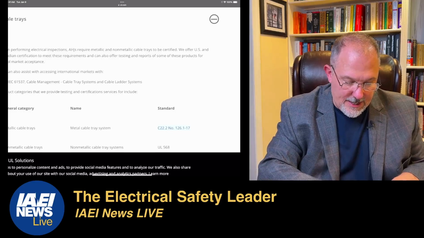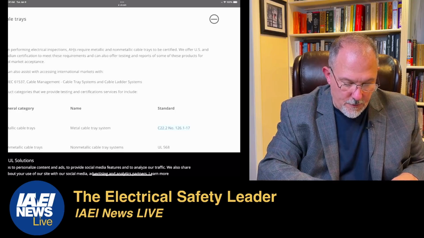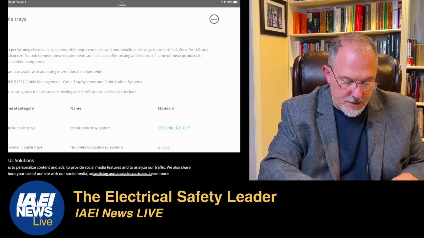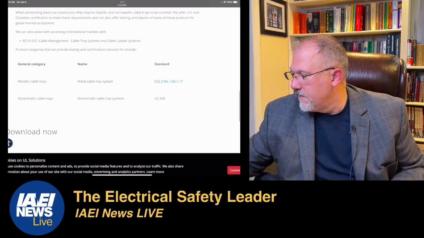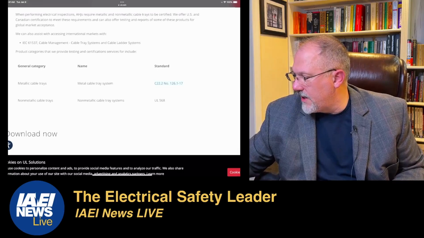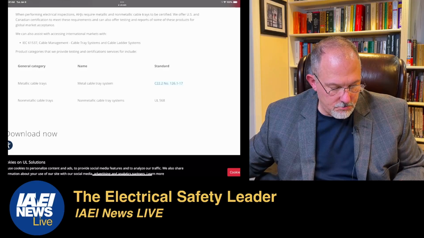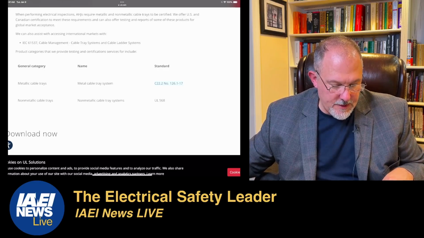It tells you to see ANSI NEMA VE1, metal cable tray systems, and NECA NEMA 105, standard for installing metal cable tray systems. Why wouldn't it reference C22.2 number 126, or UL 568? That's a good question. It does reference NEMA, ANSI.